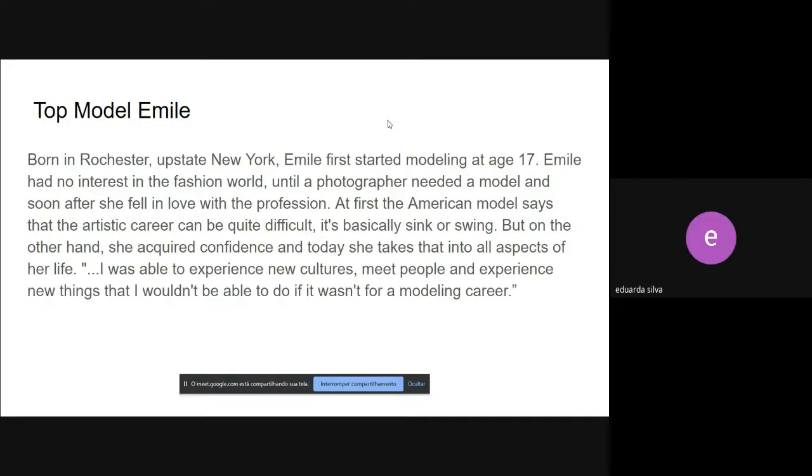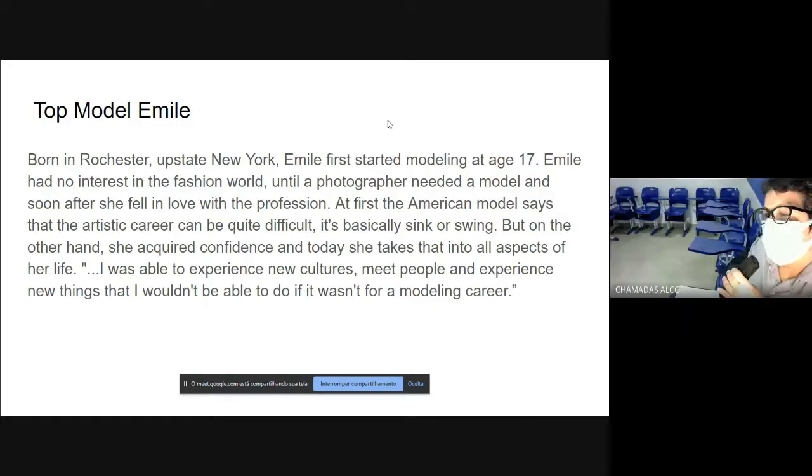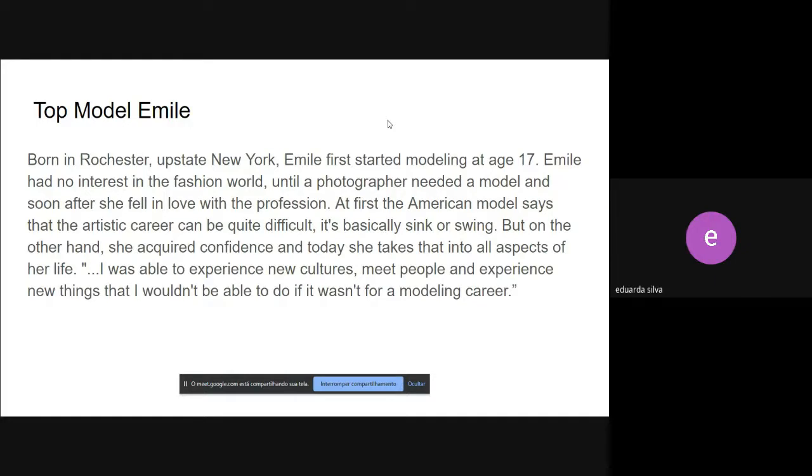It's basically sink or swim, but on the other hand, they carry confidence, and today she takes certain aspects of her life. I was able to experience new cultures, meet people, and experience the things that I wouldn't be able to do if it wasn't for a modeling career.